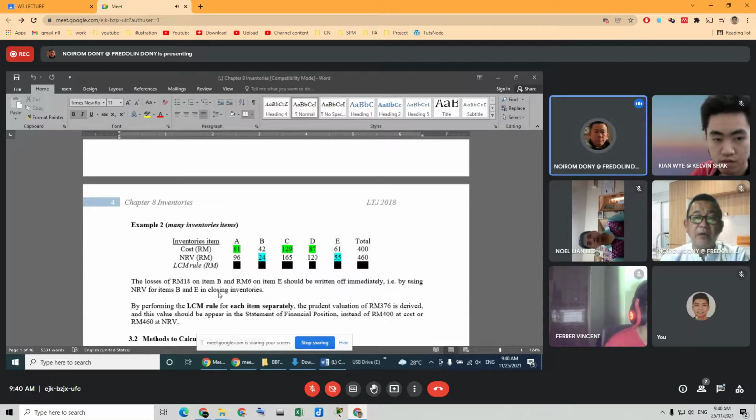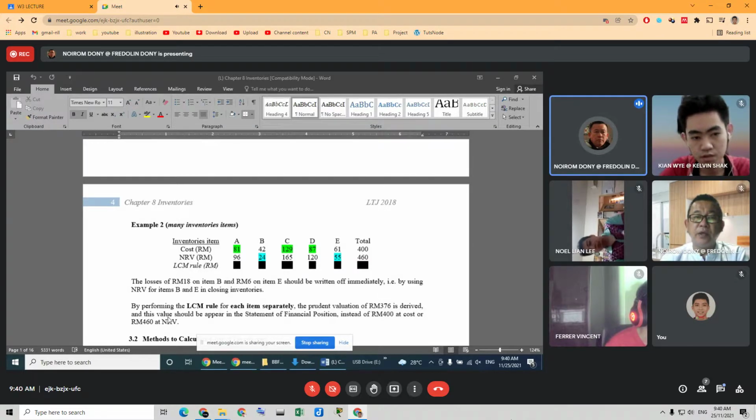So that is written off immediately. By performing the LCM rule for each item separately, the prudence valuation of 376 is derived. So when you add all this, you get 376.